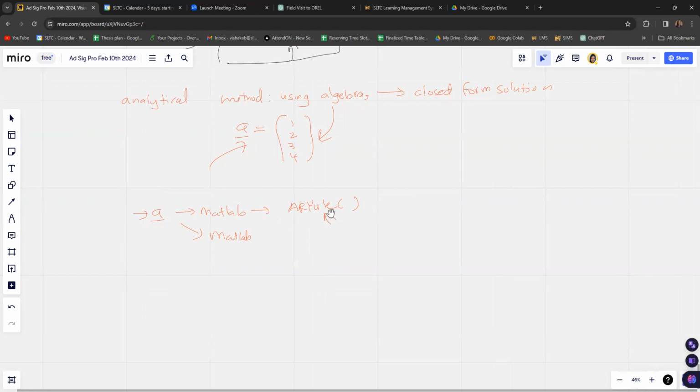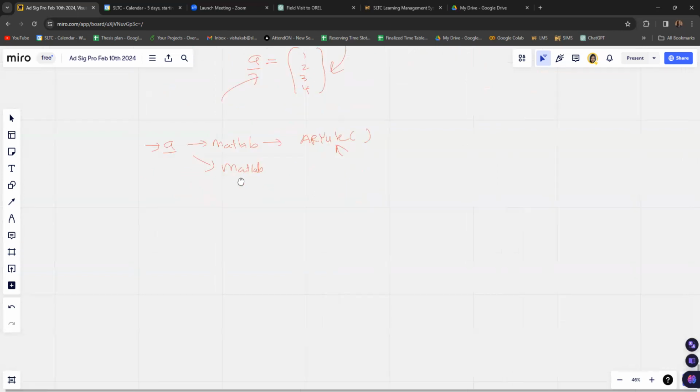So this ARU command can be used to find the coefficients of A using MATLAB, and there are other commands also that we will discuss. First, we will try to calculate the unknown parameters using the analytical method, so we will discuss that example.